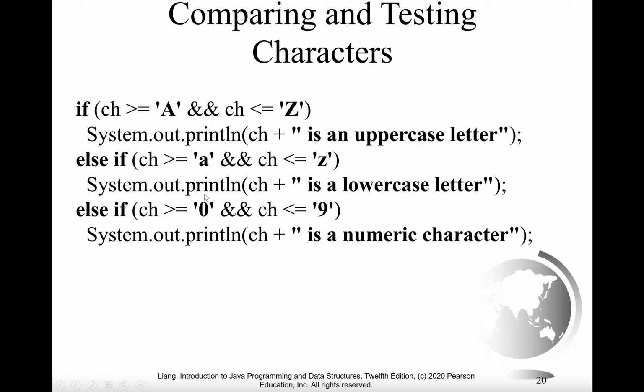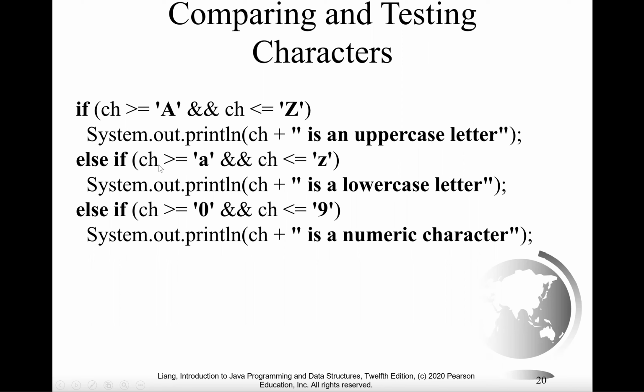Comparing and testing characters, you can write this code to compare characters. So here, the character is greater than or equal to A and less than or equal to Z. This is how you write this combined condition, and if both are true, then this character is an uppercase letter.